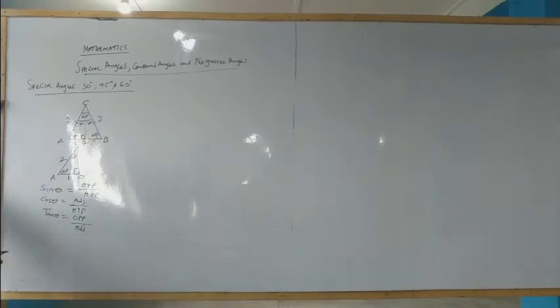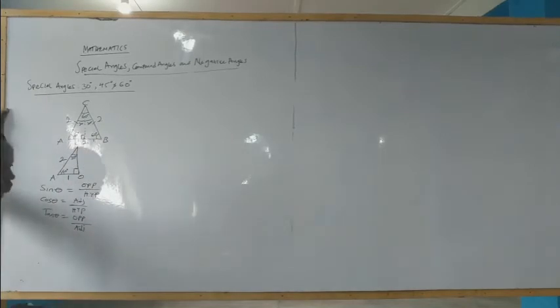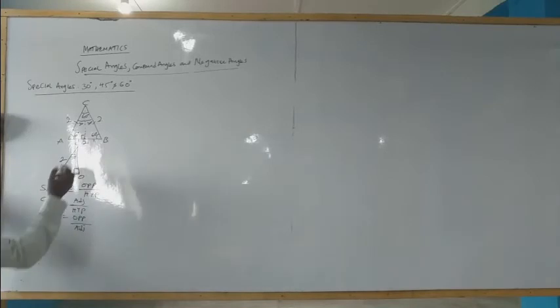So I will take the sine, cos, and tan of each angle, and we will see what we derive. Let's take 30, sine 30.